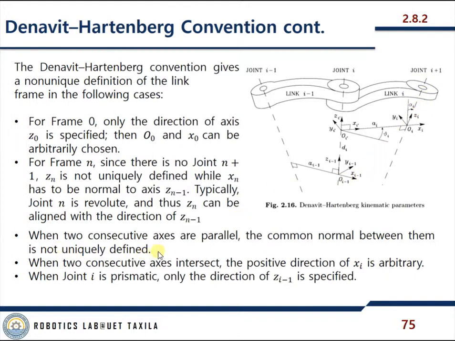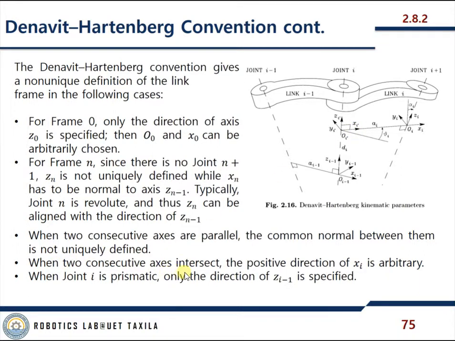When two consecutive axes are parallel, the common normal between them is not uniquely defined. There is no way to define a common normal in a unique way; you can define it in different ways.